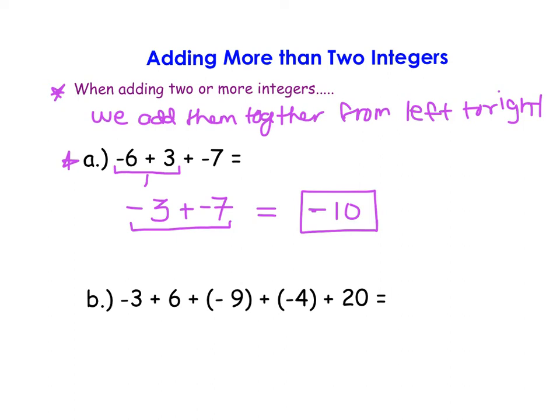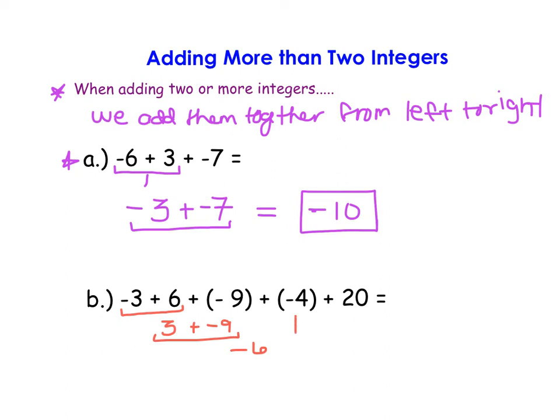Now if we apply the same process down here in part B, we're just going to go two numbers at a time from left to right until we've added them all together. We start with negative 3 plus 6, which is 3. Then 3 plus negative 9 gives negative 6.